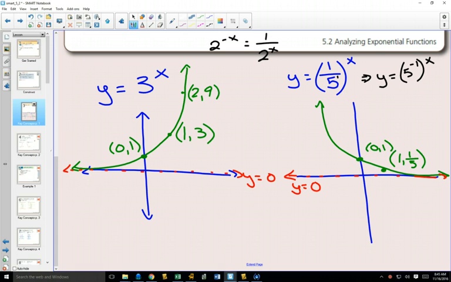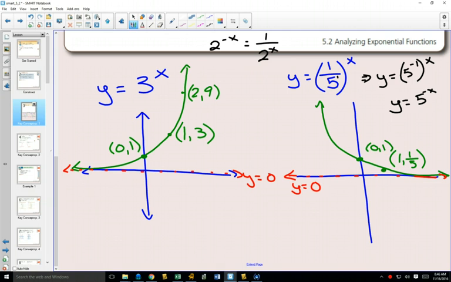And if I use my exponent laws here, that would be the same as 5 to the negative x. Now with transformations, what does that negative do when it's with the x? It flips over the y-axis. So can you think of a 5 to the x graph would look very similar to this 3 to the x graph on the left?